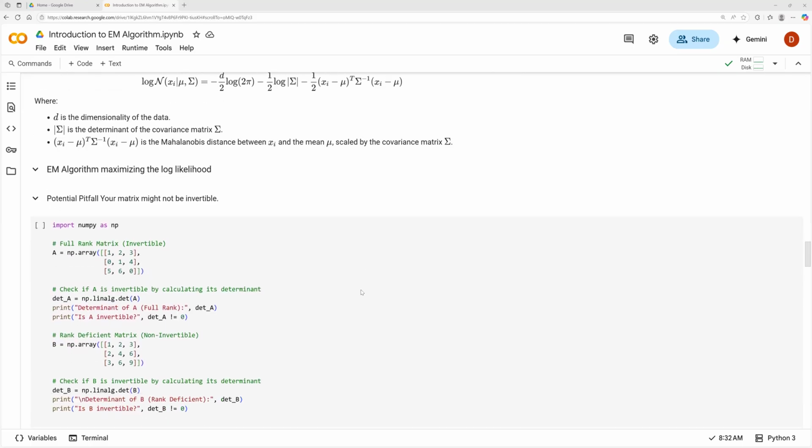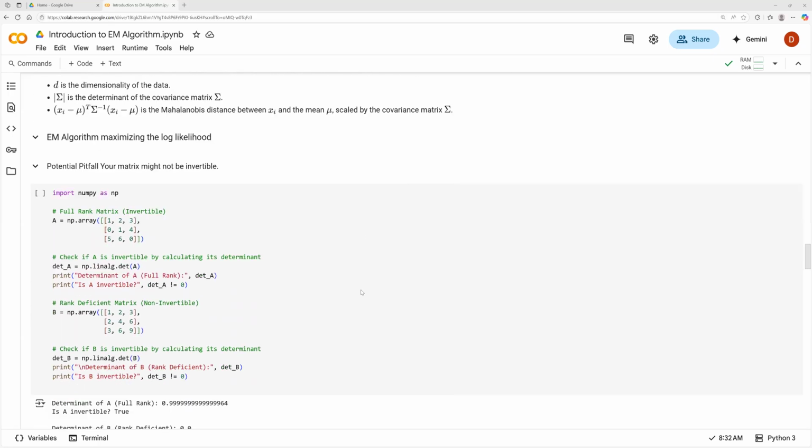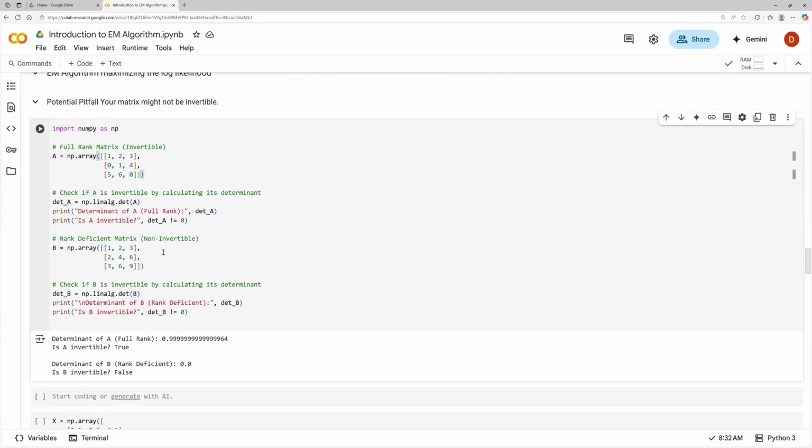I mentioned that we need the determinant, but there's a potential pitfall that your matrix might not be invertible. If you look at this example here, I give two matrices. One is invertible and it's full rank, meaning that the columns are independent.